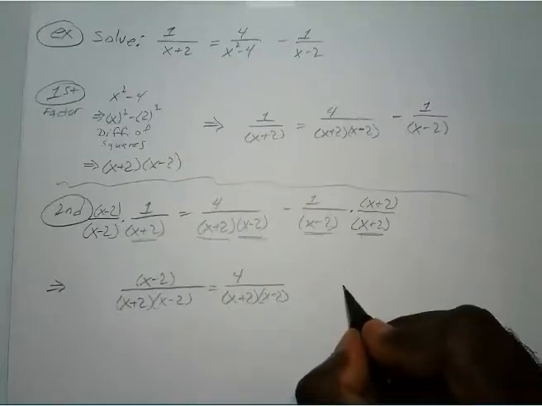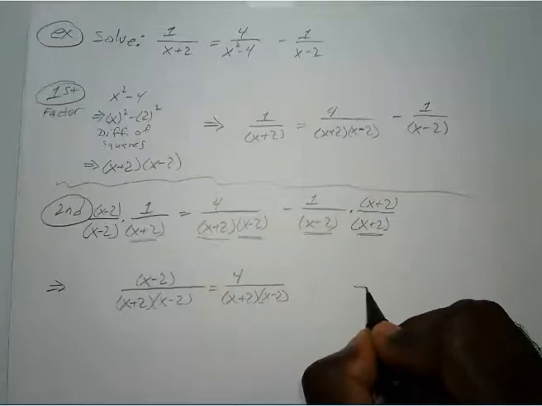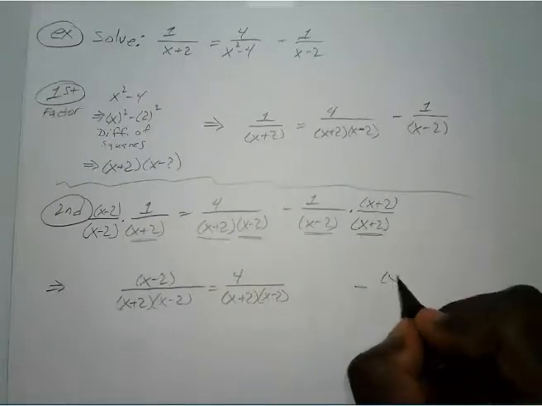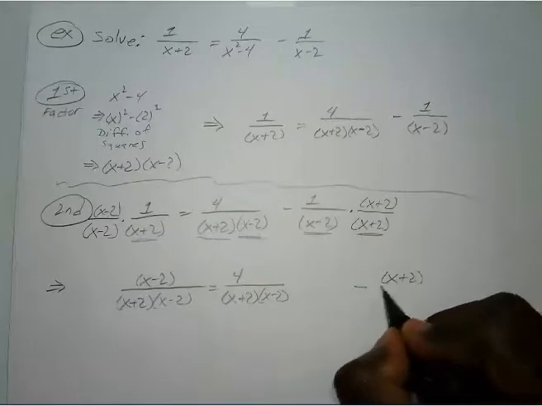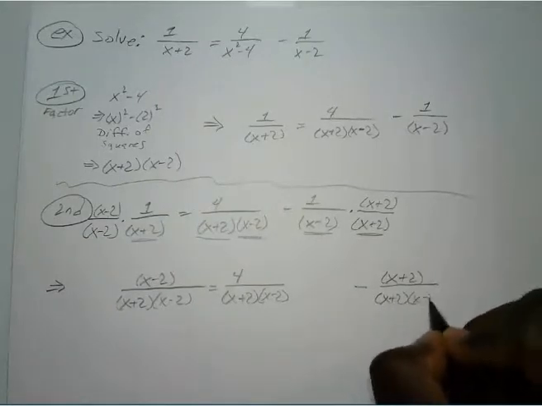I'm going to give it a little bit of space because we're going to do some more canceling out. So you have 1 times x plus 2, which is x plus 2, over x plus 2 times x minus 2.